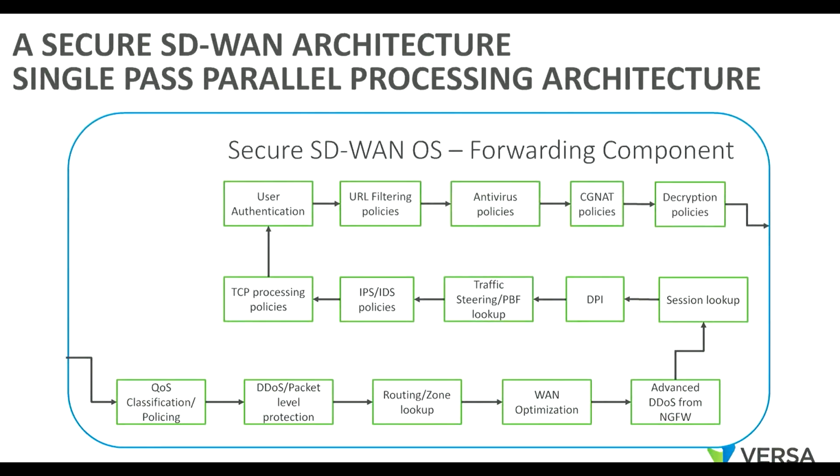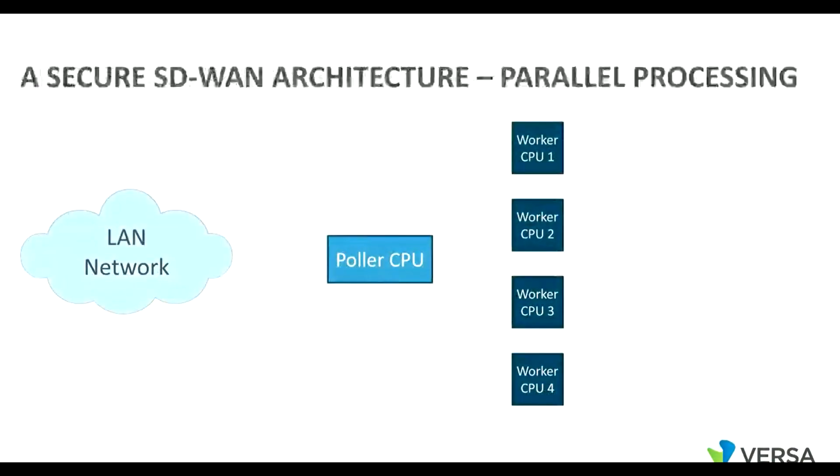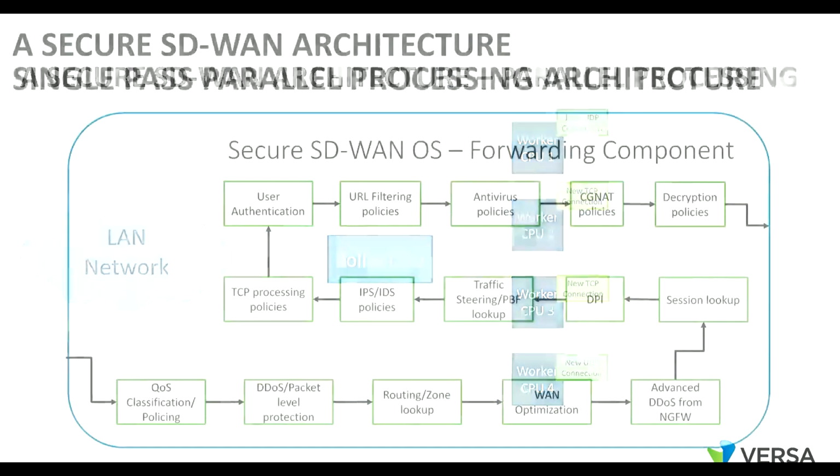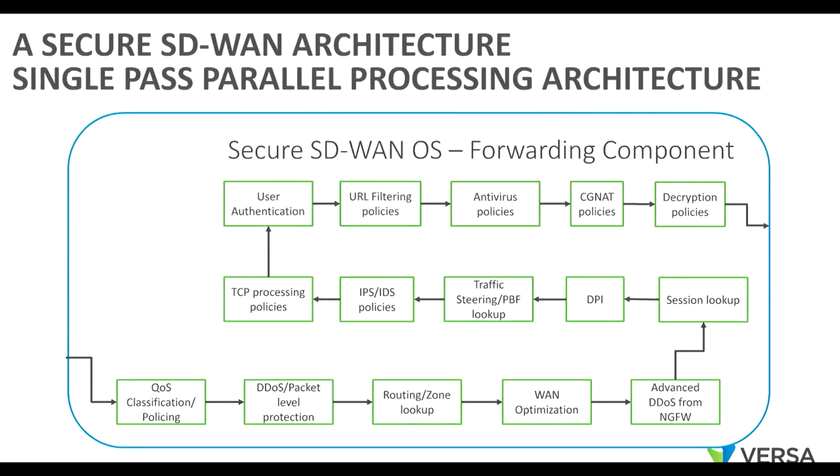So we are now going to zero into one of the worker CPUs and what happens in it. Let me go to the next slide quickly. So there you go. What we have again is a single pass parallel processing architecture where you have all these functions.